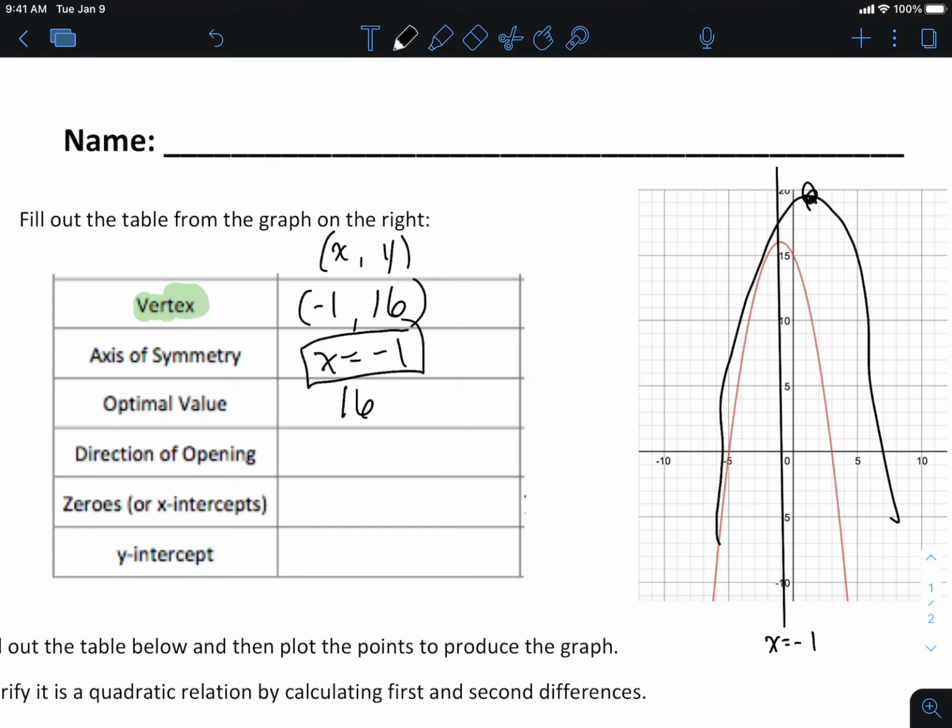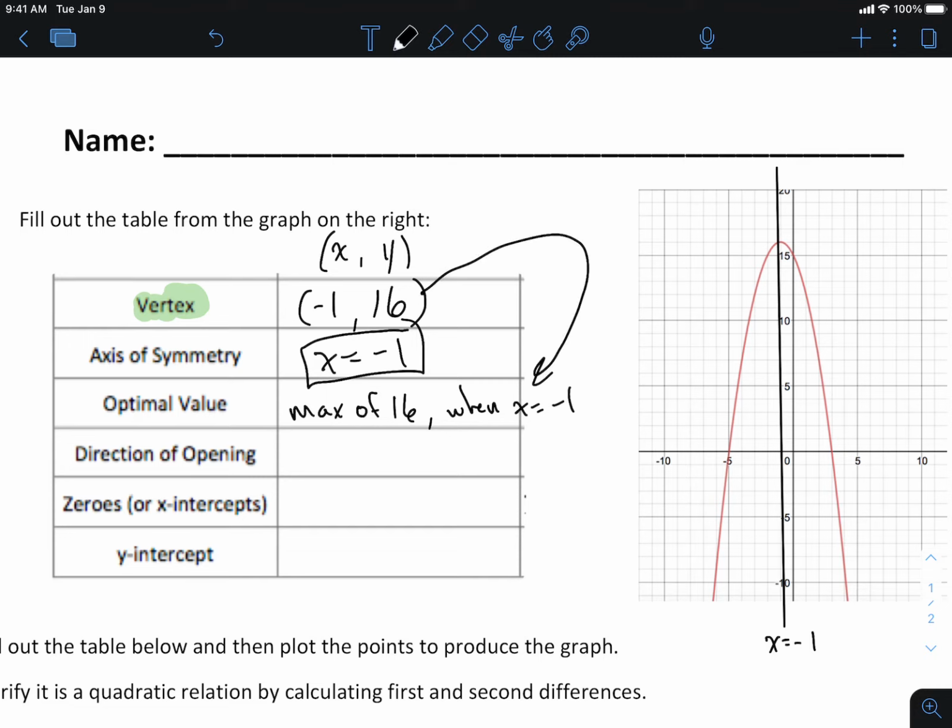You wouldn't have a minimum on a mountain. You'd have a maximum or a peak, right? So that's specifically what I'm looking for. You're looking to say there's a maximum of 16. When does the maximum occur? When x equals -1. It's a verbal representation of your vertex.